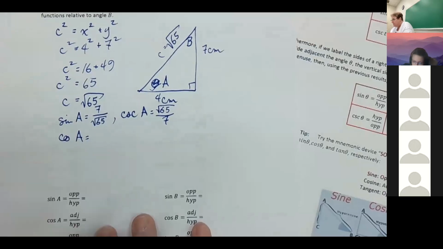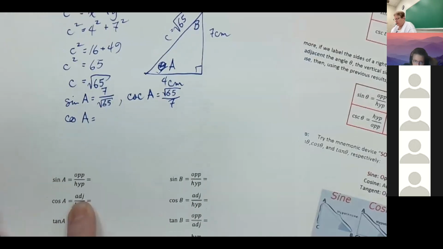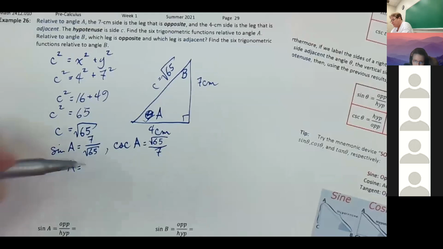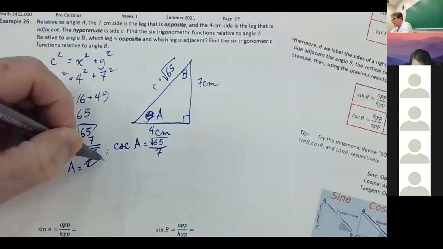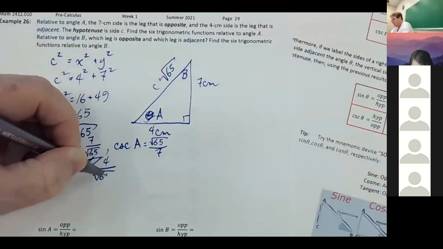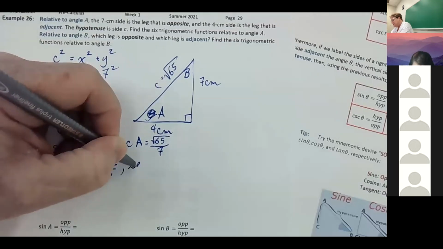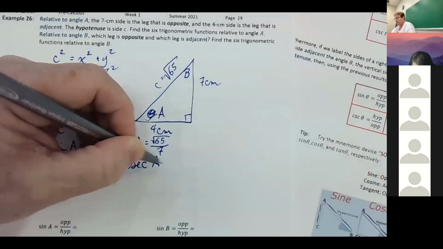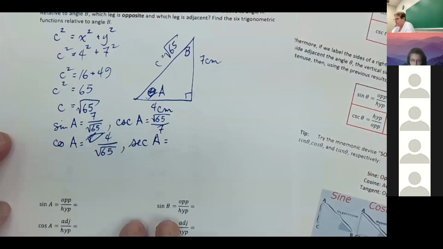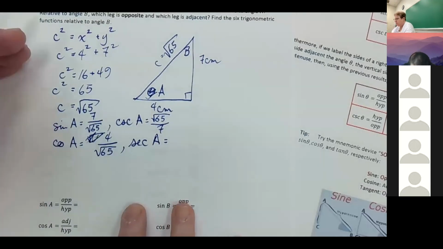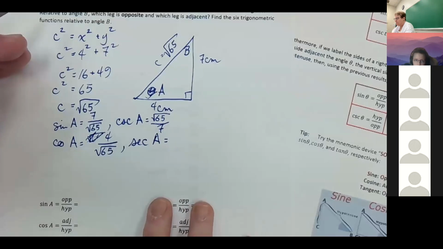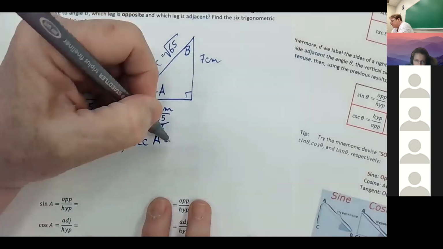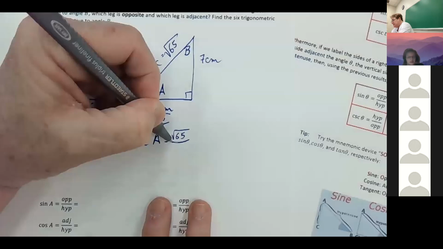Cosine is adjacent over hypotenuse. And that means that the secant of A will be the square root of 65 over 4. Excellent.